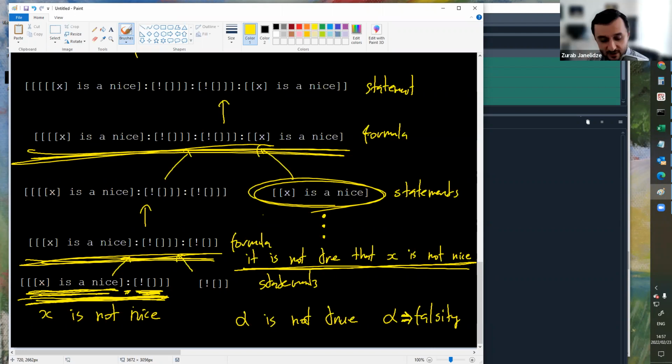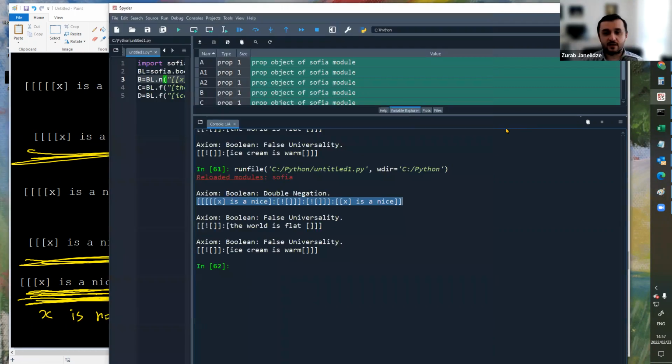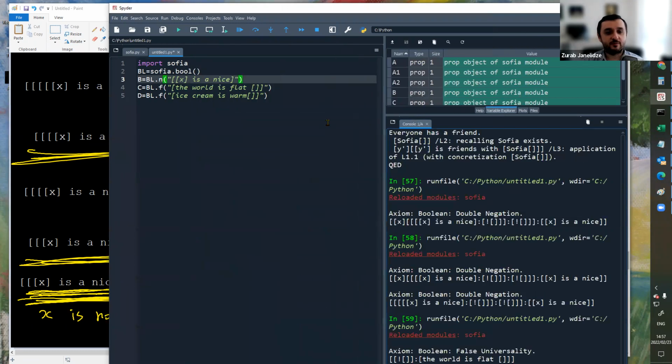And we want to have this axiom not just for X being nice or not being nice, but for any other statement, right? Any other Sophia statement. So that's why these axioms here, they have parameters. You see, we enter the whole statement basically for which I want to employ that kind of axiom.